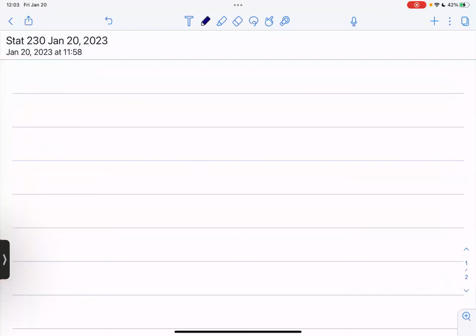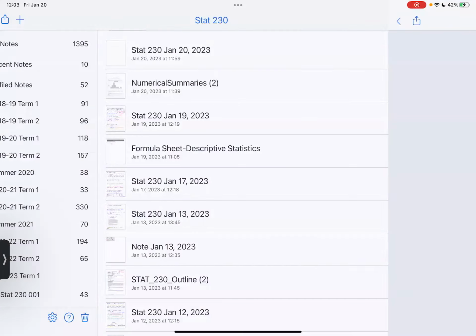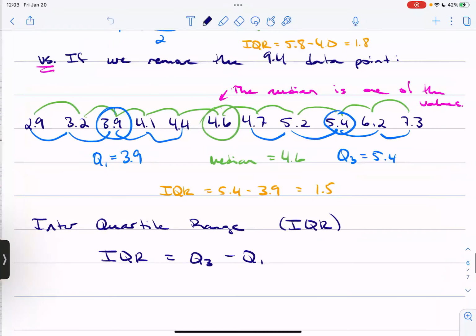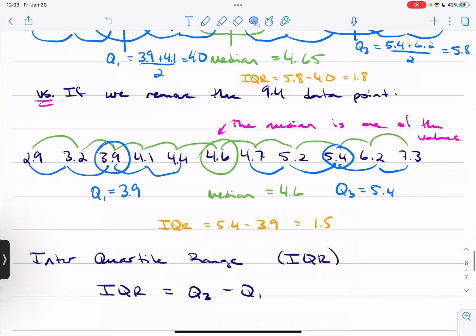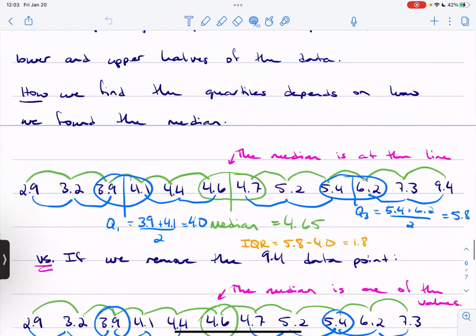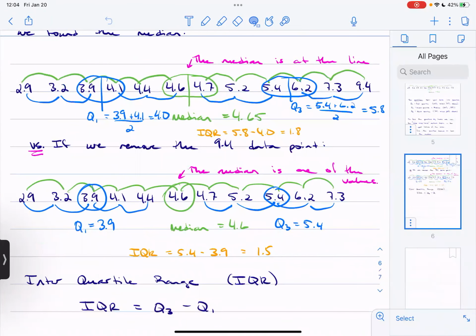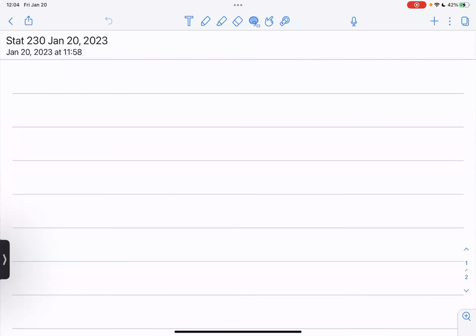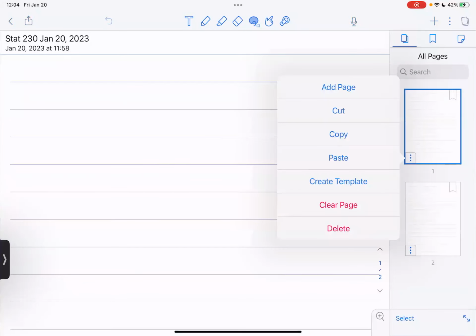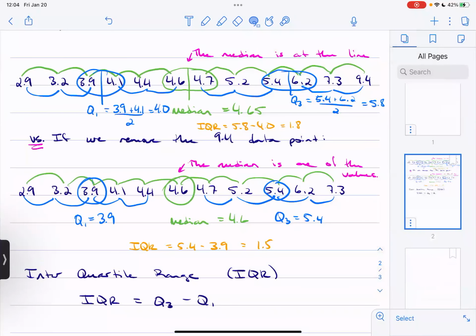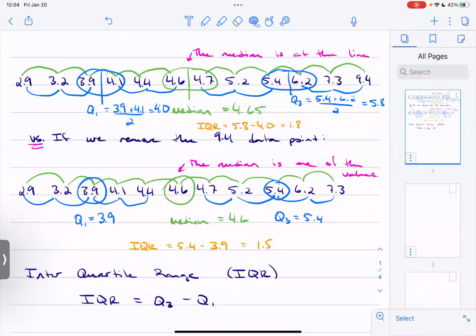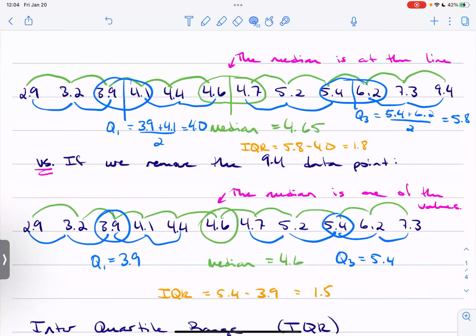All right. So to pick up from where we left off last day, I'm just going to grab this, I guess this whole page. Copy. Nice.